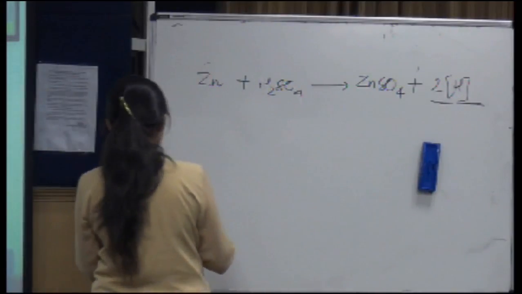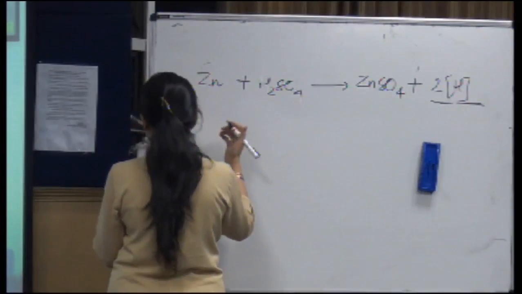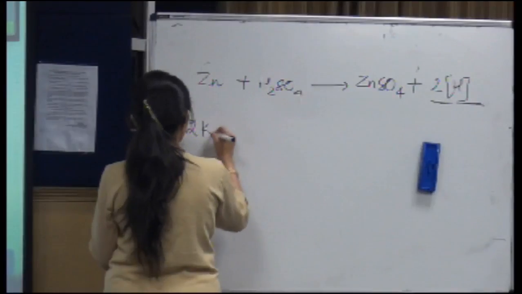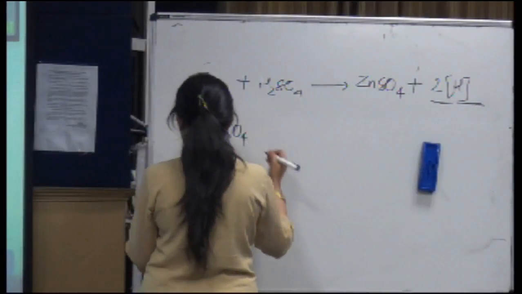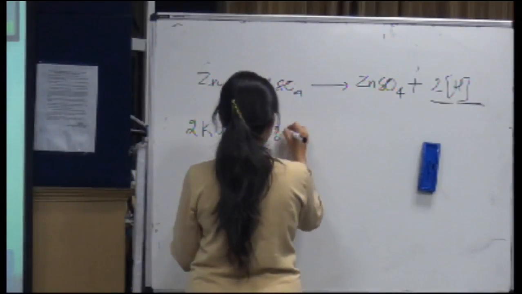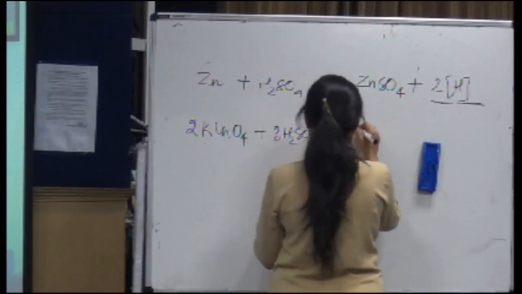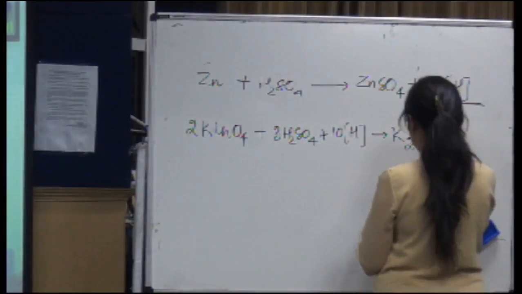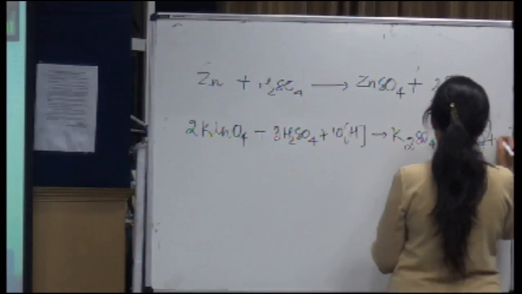So what this nascent hydrogen does is, it is added to KMnO4 and it decolorizes it. You have KMnO4 plus you have H2SO4 plus 10H, that gives you K2SO4 plus MnSO4 plus 8 water.